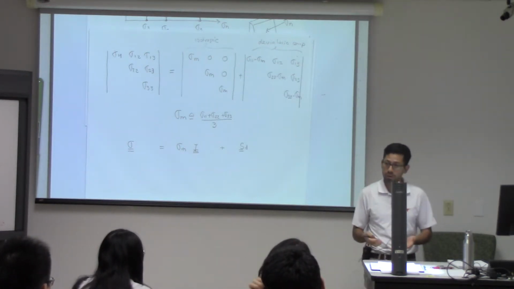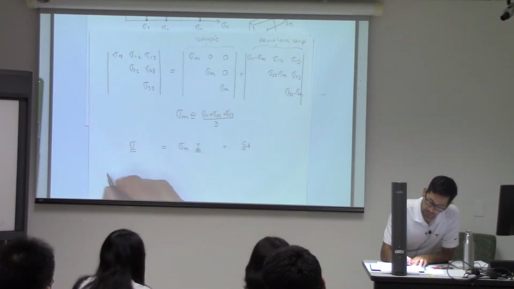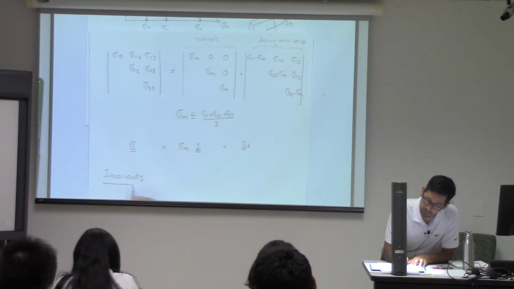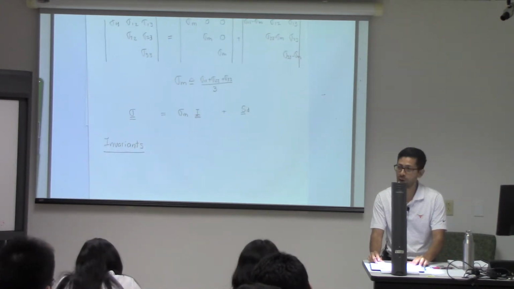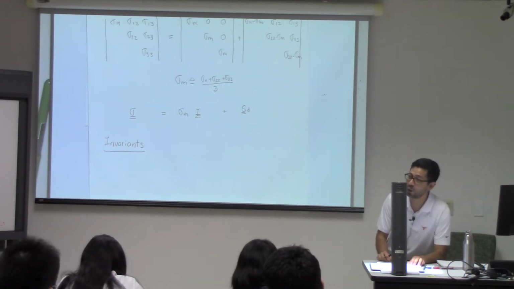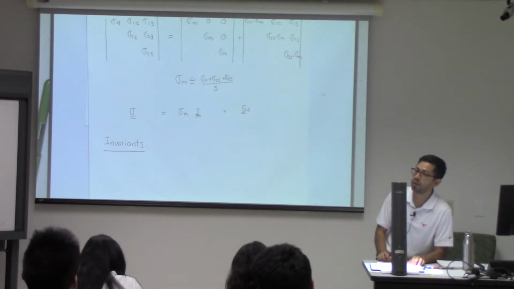Similarly to those, you can also calculate 3 other real valued numbers for a symmetric stress tensor, which are called the invariants. And why do you think they are called invariants? Because they are always the same, no matter what the coordinate system is.